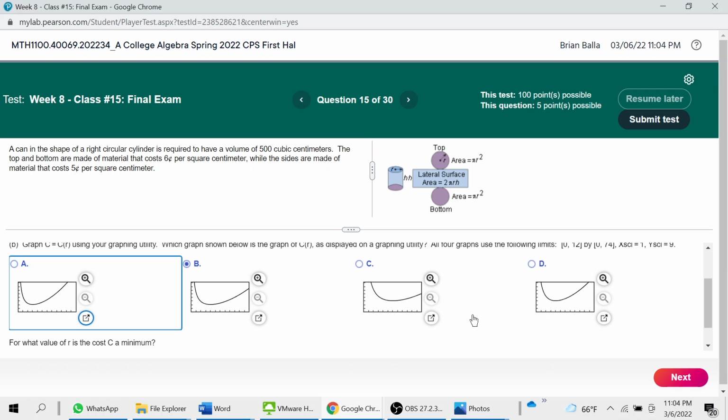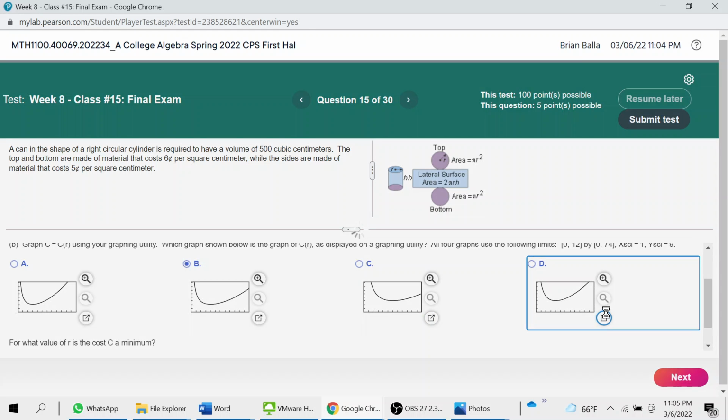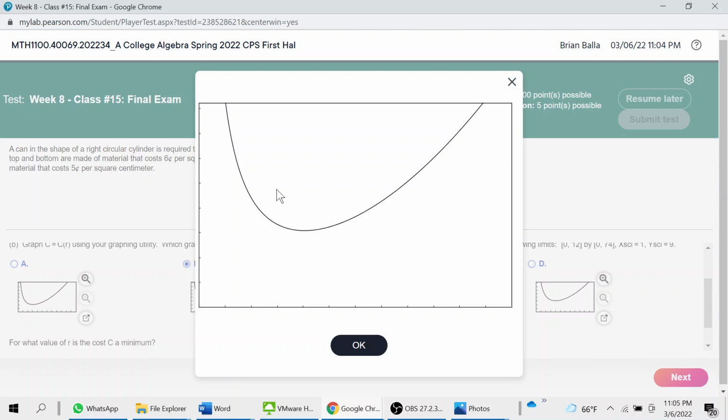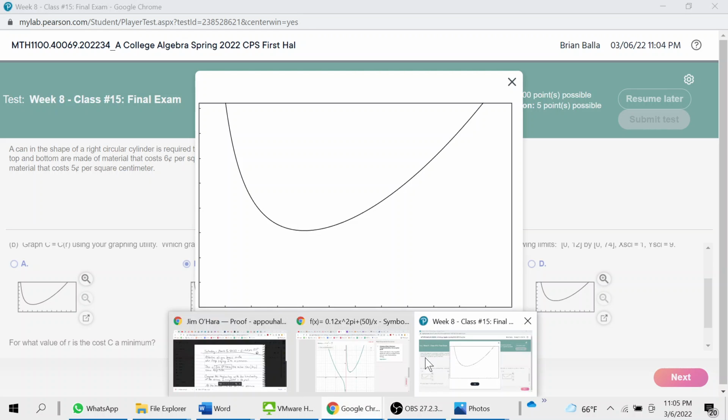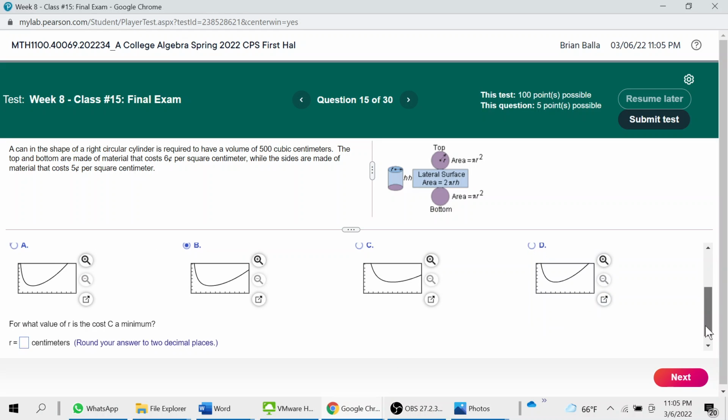Yeah, no, A is not correct compared to what I see here. That looks too far away. And D, let's see. 1, 2, 3. 1, 2, no, okay. So B is the obvious answer.